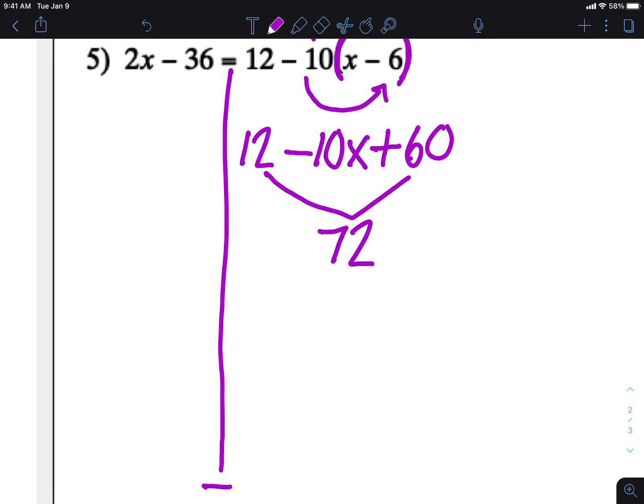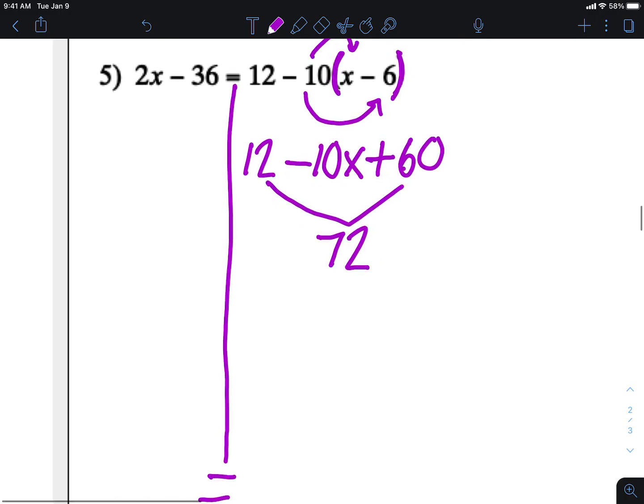So what I want to do now is move this minus 10x to this side, to the left, so it could be with positive 2x. So I'm going to cross out this minus 10x, and I'm going to bring it over, and the inverse or the opposite of minus 10x is plus 10x.